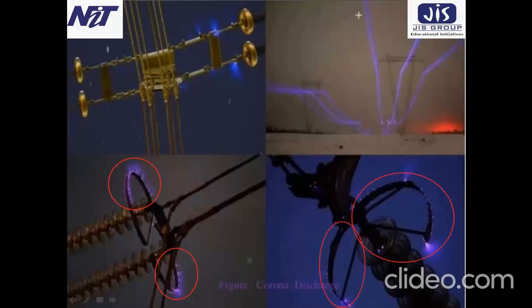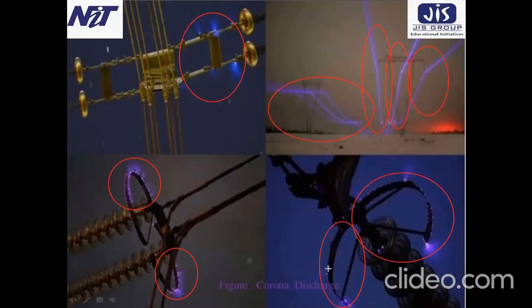Look very carefully, through the line the ozone is produced and violet glow is there. So in this way the corona is produced through the overhead line. Three phenomena, violet glow, hissing noise, and production of ozone gas, are known as corona.